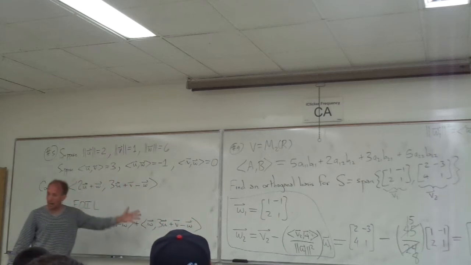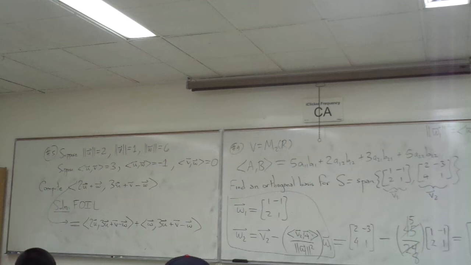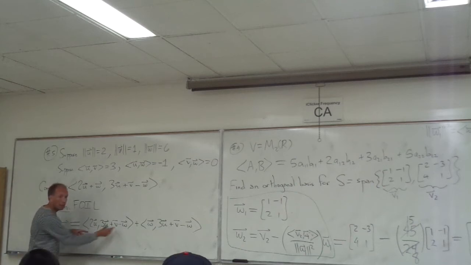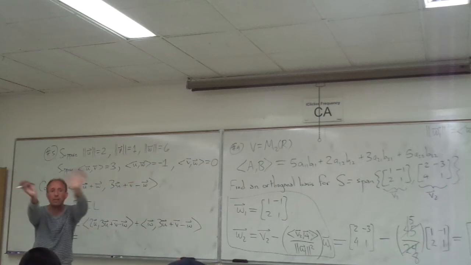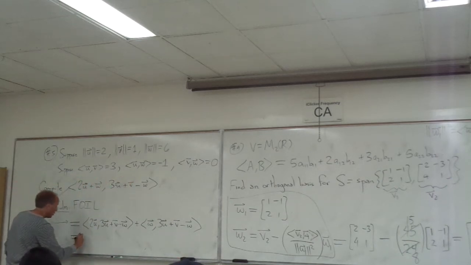I can do that. That's partially foiling it out. And then I can continue to FOIL it out in the second slot. Now, technically, the axioms don't allow me to FOIL plus signs in the second slot. But remember that you can switch the first and second slots around and then do the factoring and then switch them back. So I may as well just go ahead and do that.